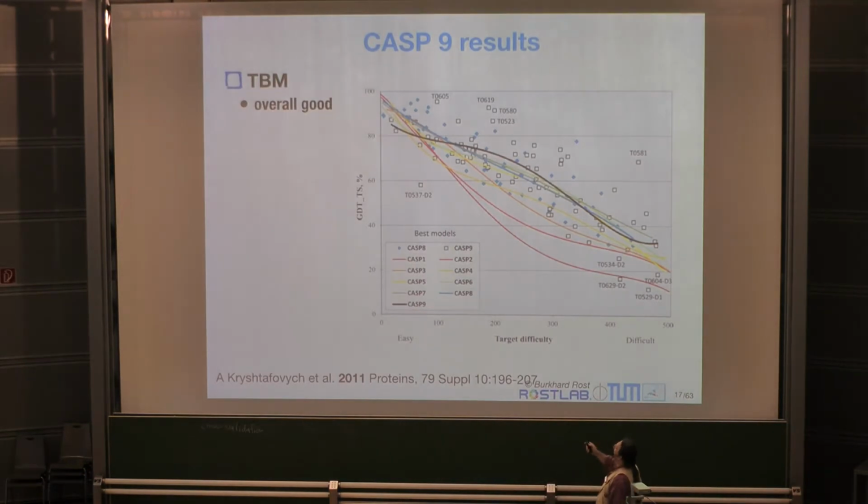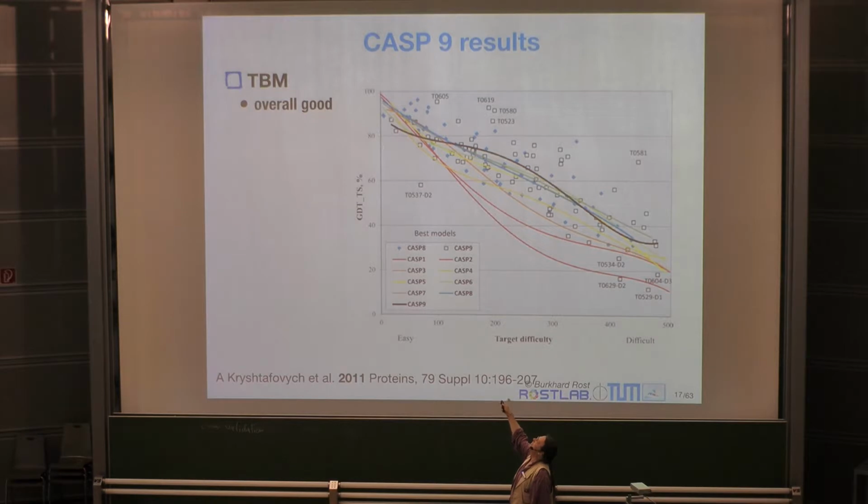What this one shows here, the color scheme is over the years. This is target difficulty, this is the degree of accuracy, where right is up here. And the different colored lines show you that over the years there is a slight improvement. Some targets are very difficult, some targets are very easy.